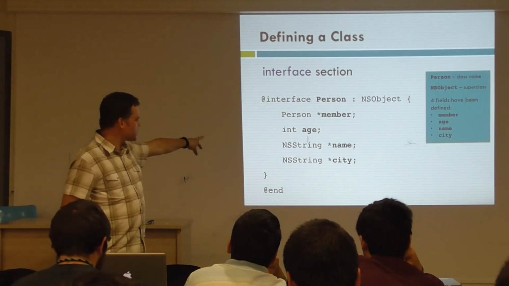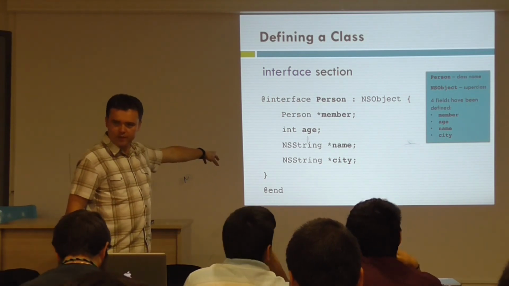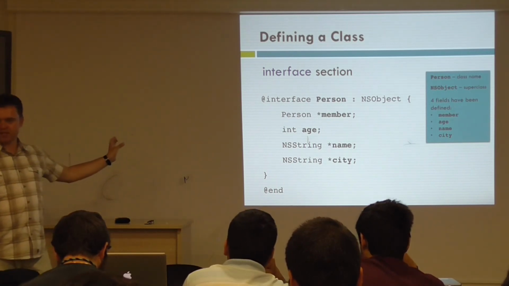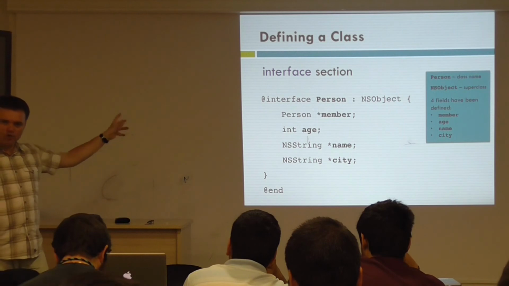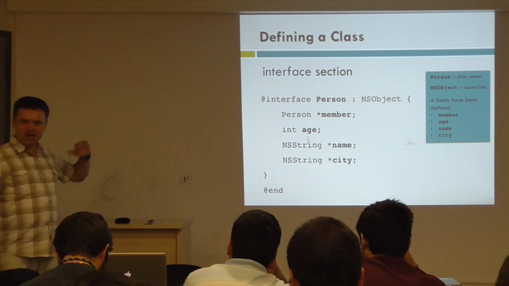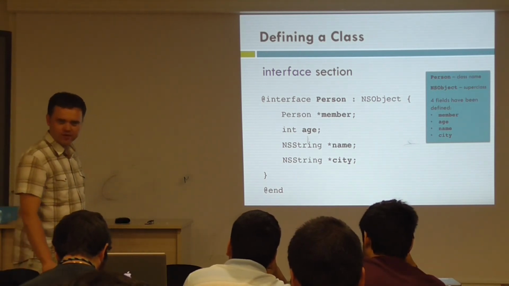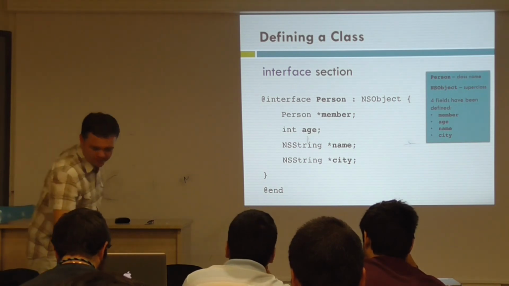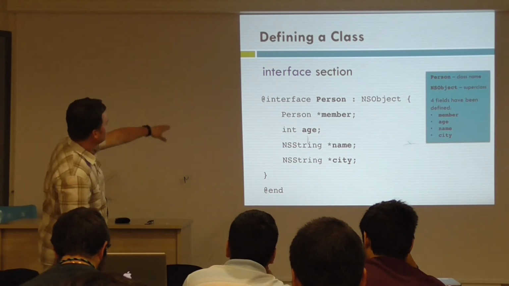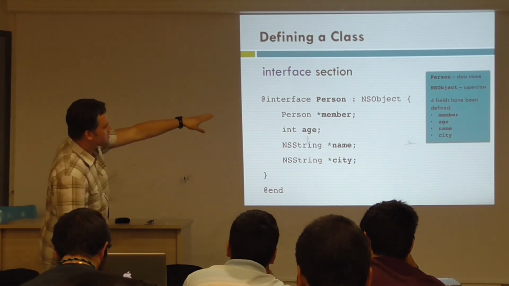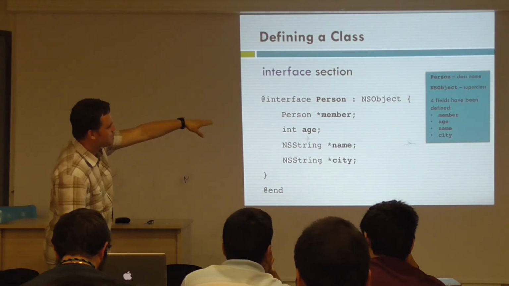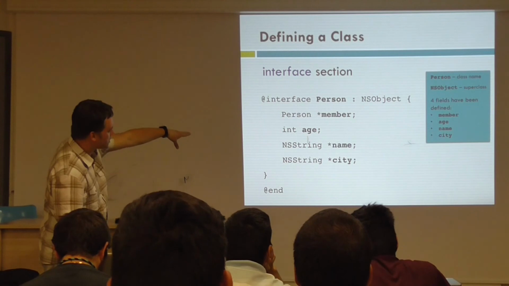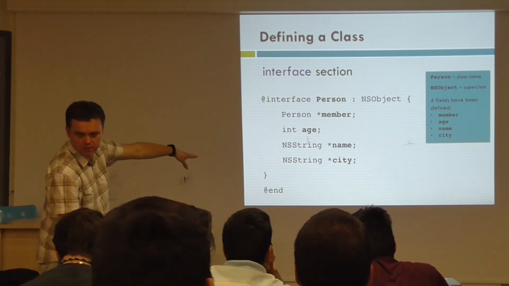I will say something about this in other classes, but you can see the prefix NS is a specific prefix for all different classes that are available in different libraries. Okay. So Person is the class name, NSObject the superclass, and 4 fields have been defined: number, age, name, and city.